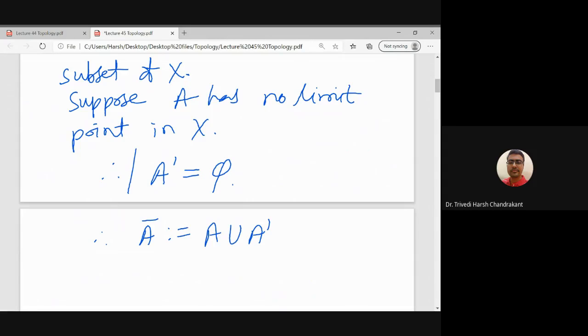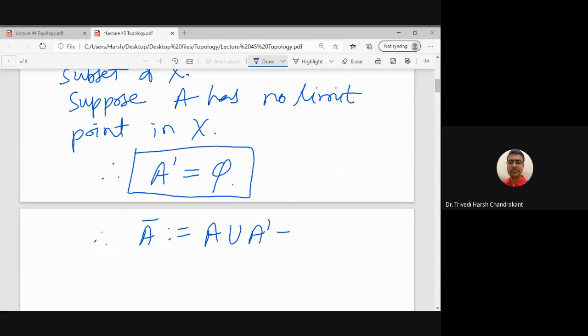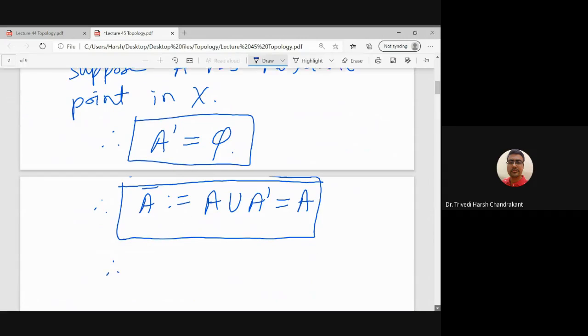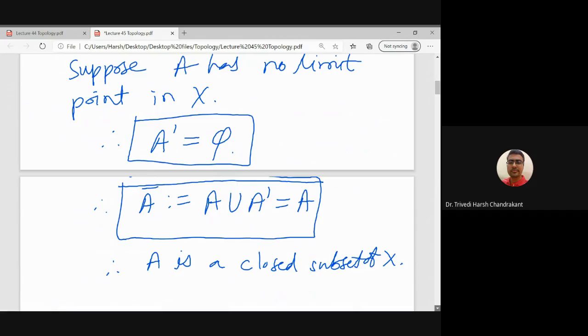And we know that A dash is the null set, so this will be equal to A itself. So A is a subset of X whose closure is itself. That will give us that A is a closed set, because every set whose closure is itself is always a closed set.